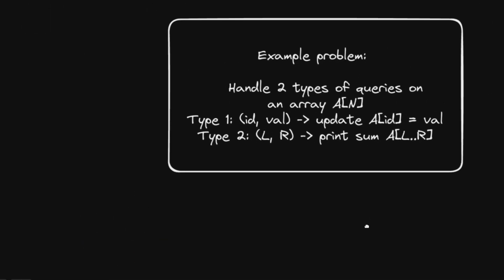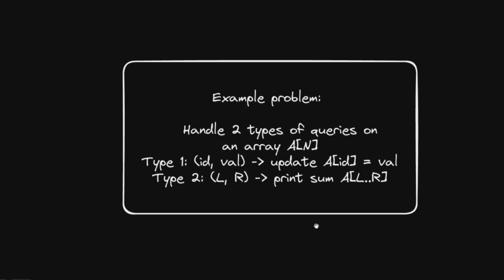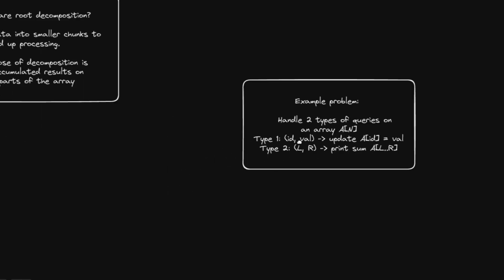So let me also discuss what the naive way of computing this would be. Updating the index with a value is a constant operation, O(1), and the second operation has time complexity of order n, because we will traverse through all the array elements and find the sum.